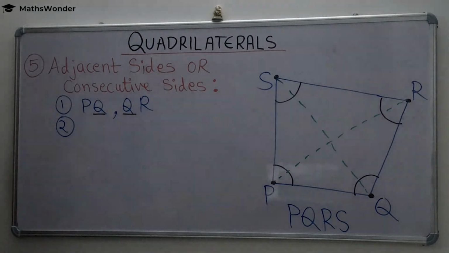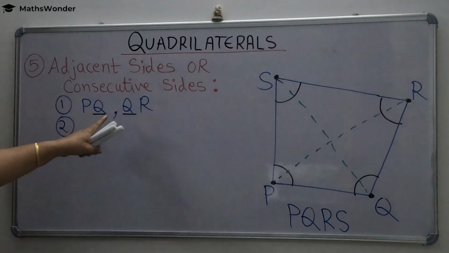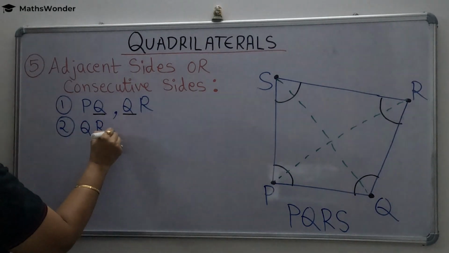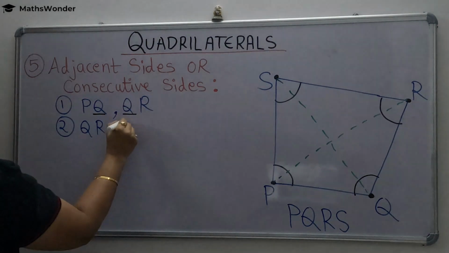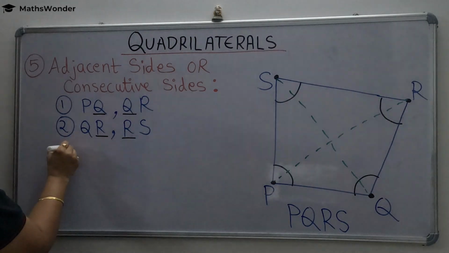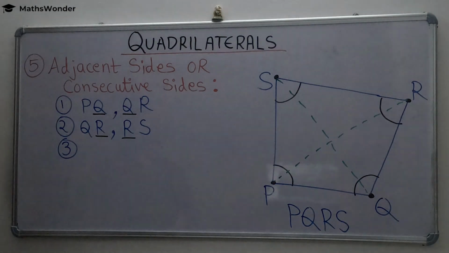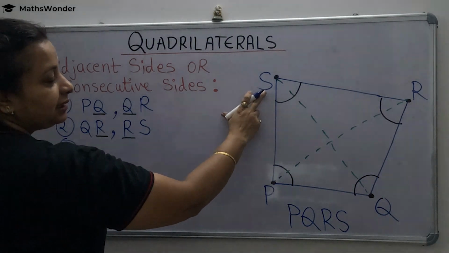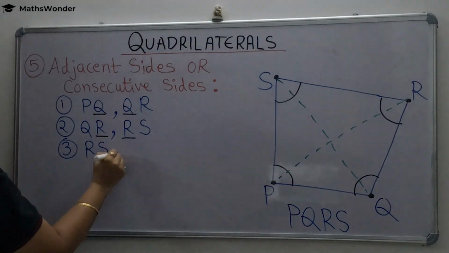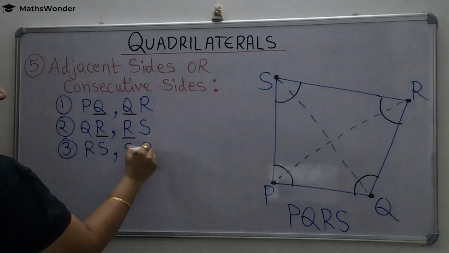So we can make 4 pairs. This is Q. Now you can take R as the common vertex. So QR and the other side is RS, right? Here R is common for both the sides, isn't it? Now the third vertex, suppose we take S. So RS and SP.